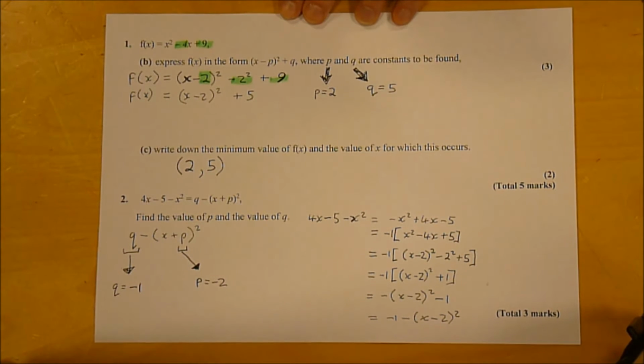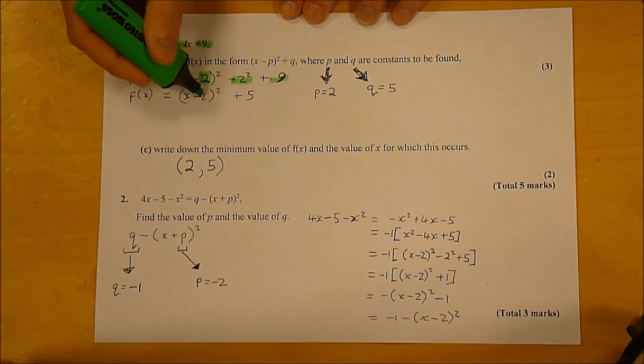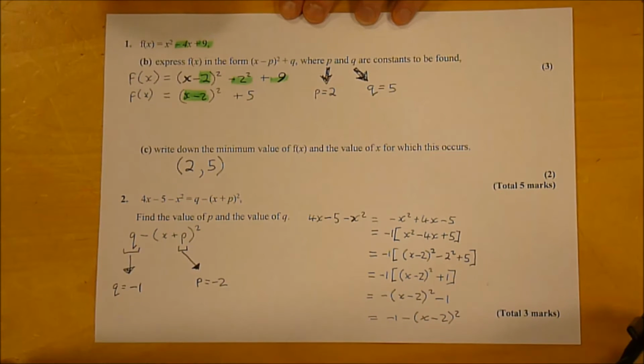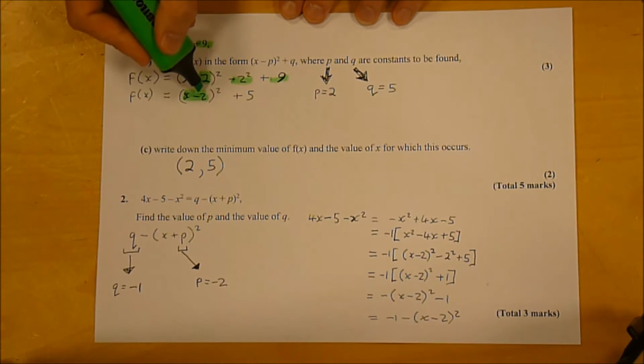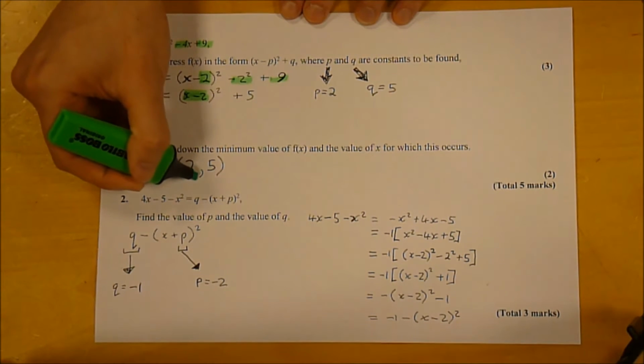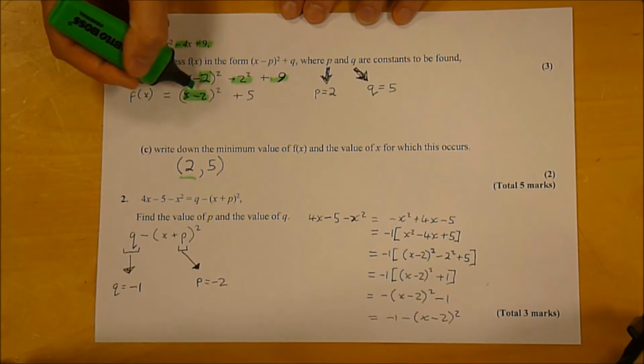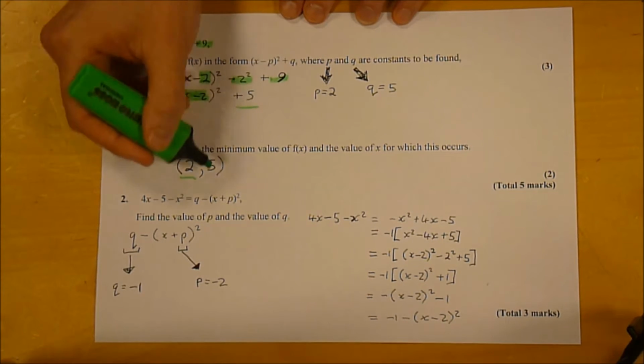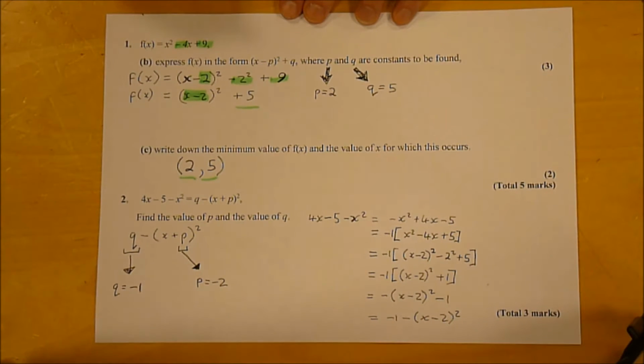All it means is, when does this bracket equal 0? If this bracket equals 0, the function equals 5, and the value of x that makes this bracket 0 is 2. So x is 2 to make the bracket 0, and when that's 0, we're left with 5, so we've got (2, 5). That is the minimum value.